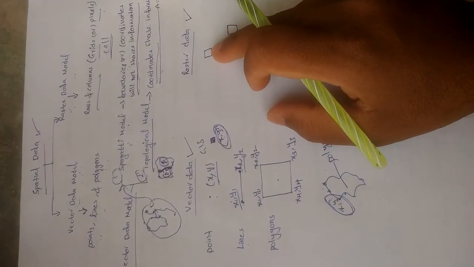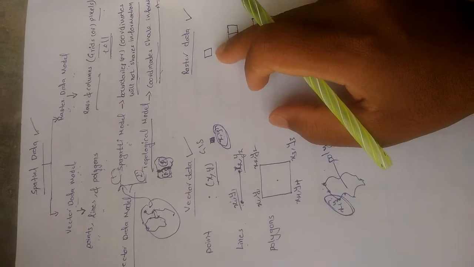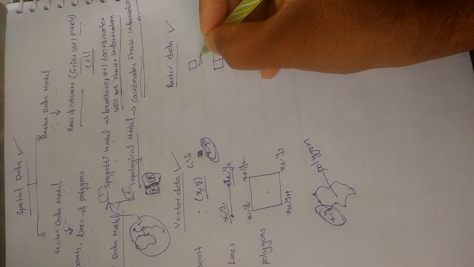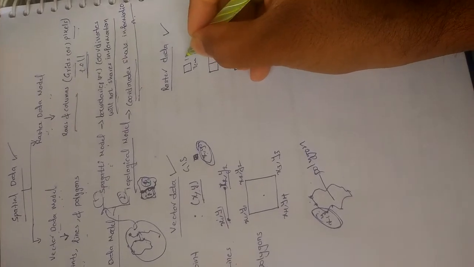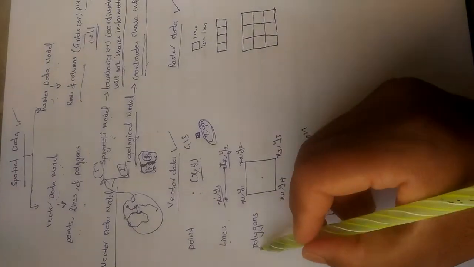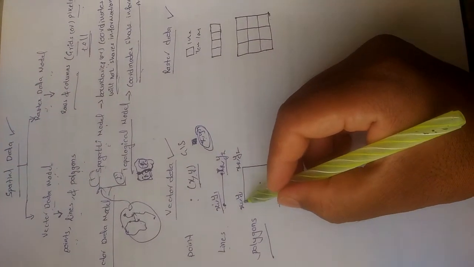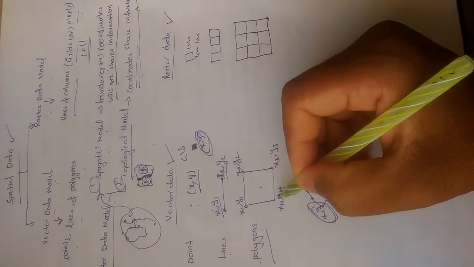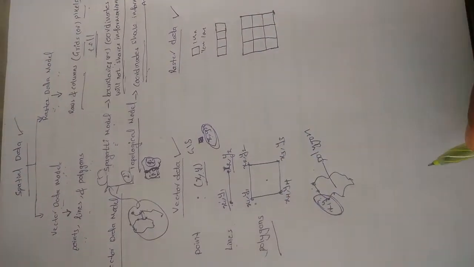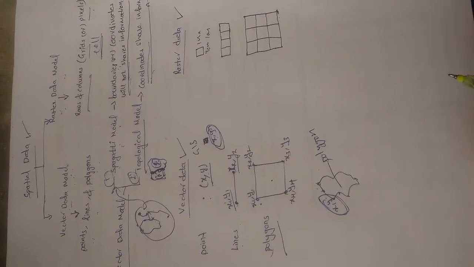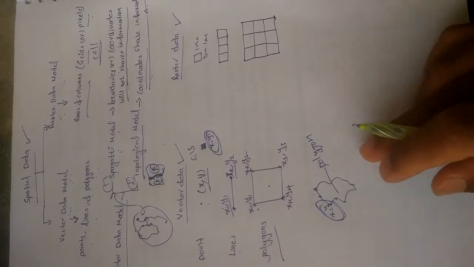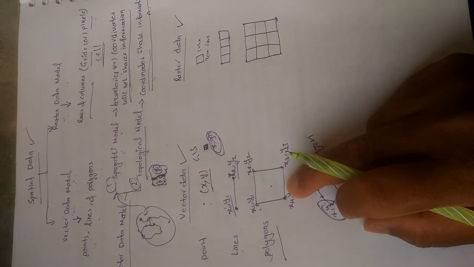Coming to the raster, the point is represented in terms of a square box, say 1 centimeter or 1 mm by 1 mm. Coming to the polygon, it will also have different coordinates, like x1 y1 x2 y2, and this is represented in terms of vector.